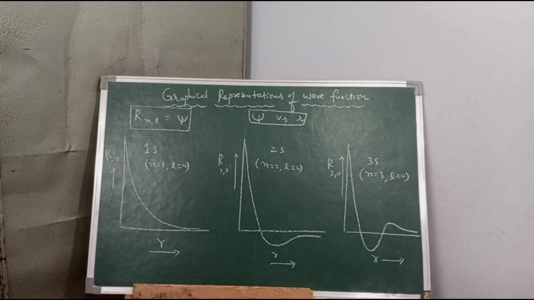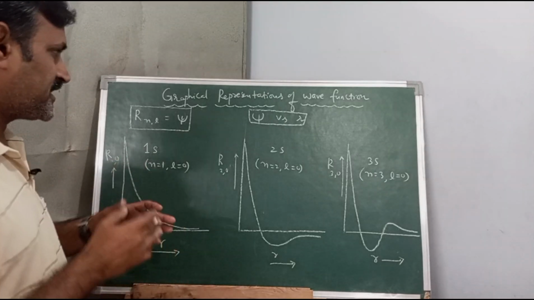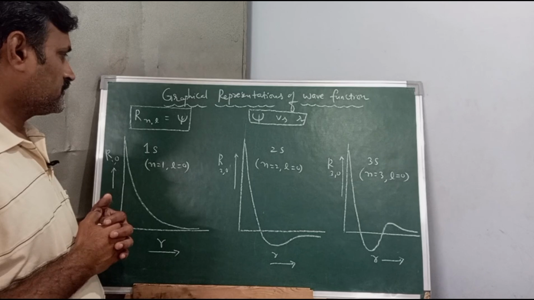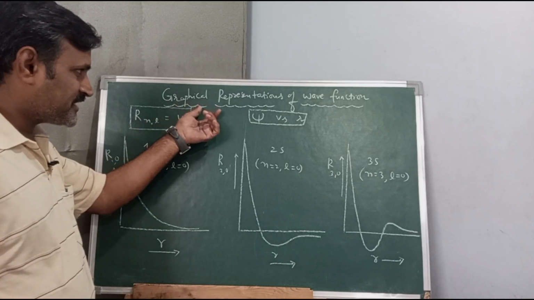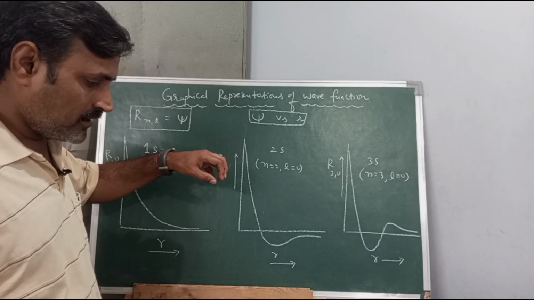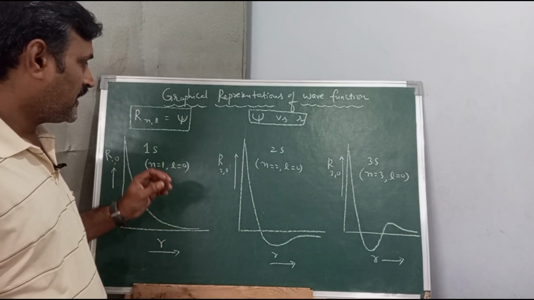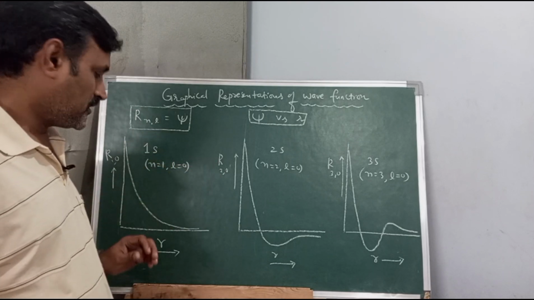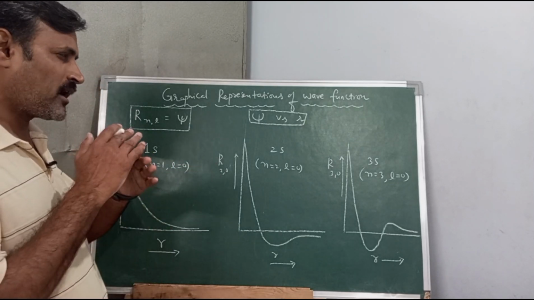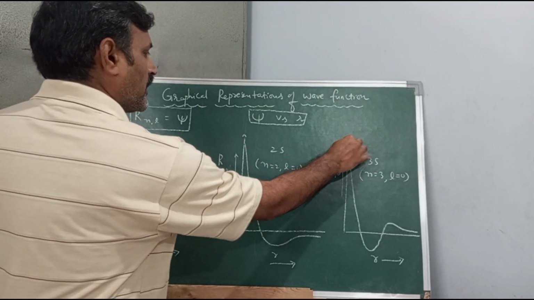Now, dear students, we are going to observe these graphical representations obtained from the mathematical solutions. The graphical representation indicates how the radial part of the wave function is related to the distance from the nucleus. We are talking about the electron behavior, that is, the electron in the hydrogen atom.